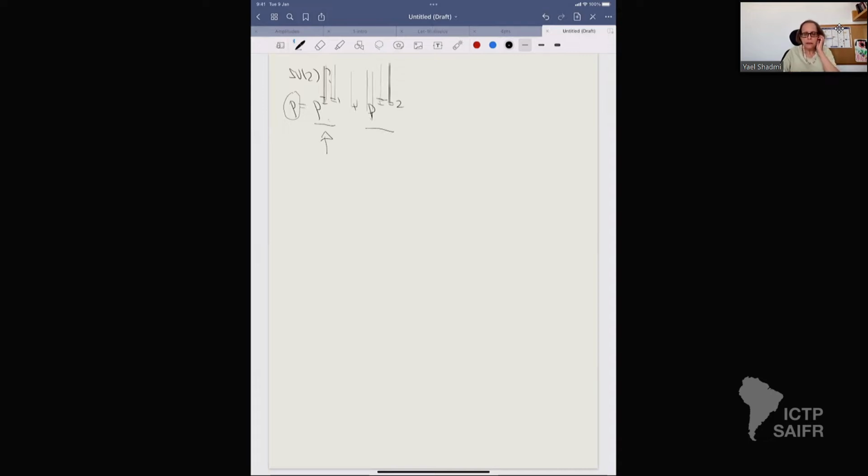And you see what it is. It's some rotation that we can make, or some Lorentz transformation that we can make, that preserves the momentum. So what this SU2 is, it's exactly the little group.